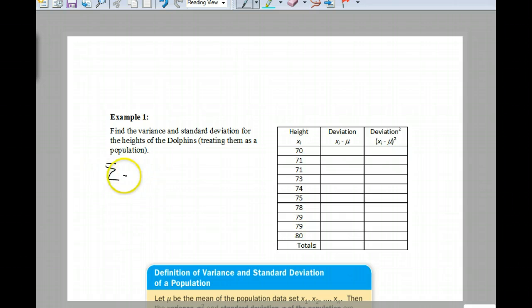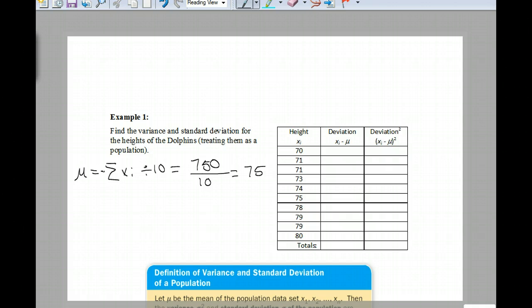So we're going to take the summation of x sub i and then divide it by 10. Okay? The summation is 750 divided by 10, right? Equals 75. So that's the mean, the mu in this case.